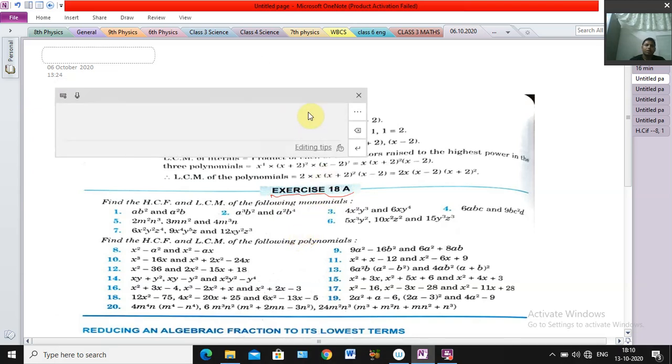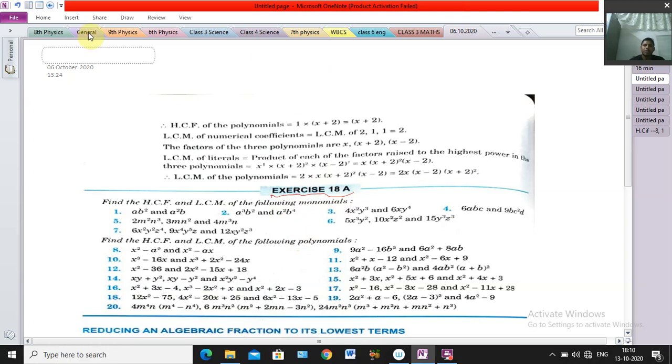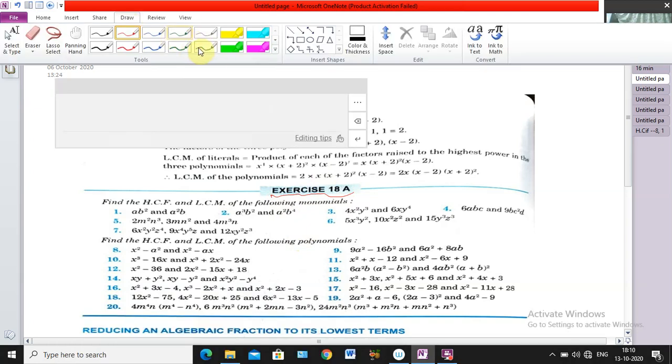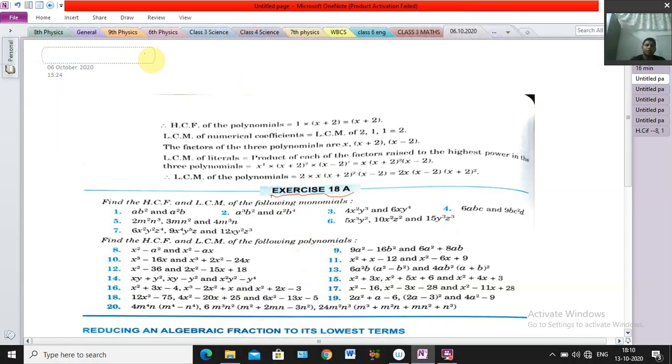There are easy problems that you can try first, because we have already done the factorization chapter.